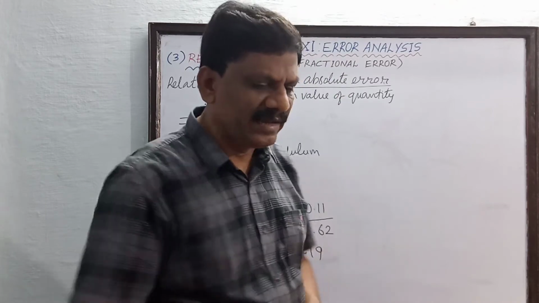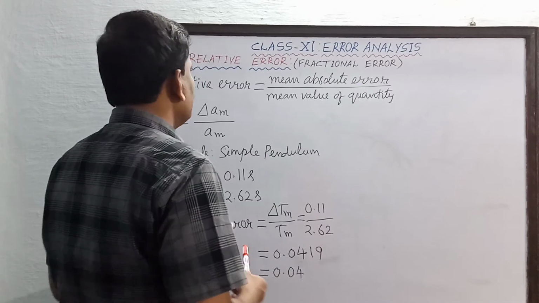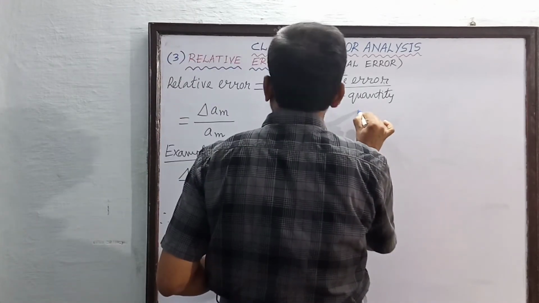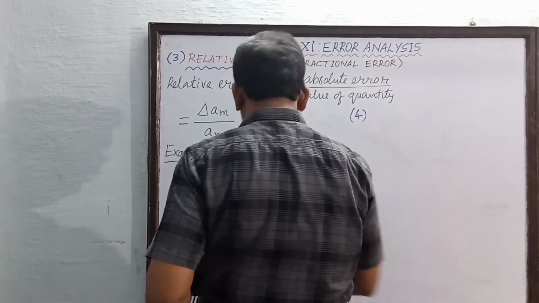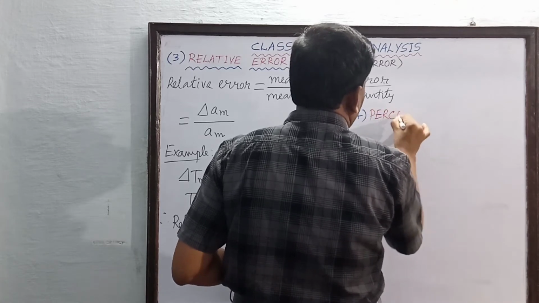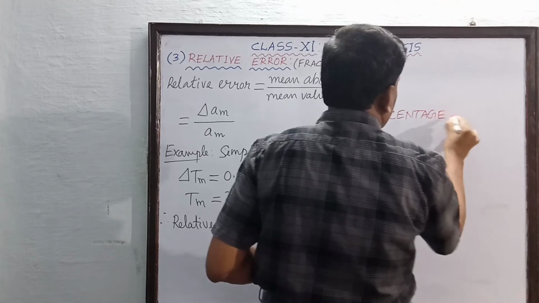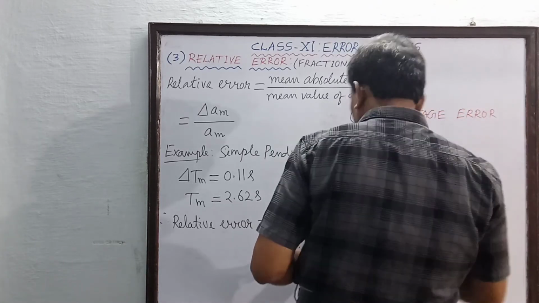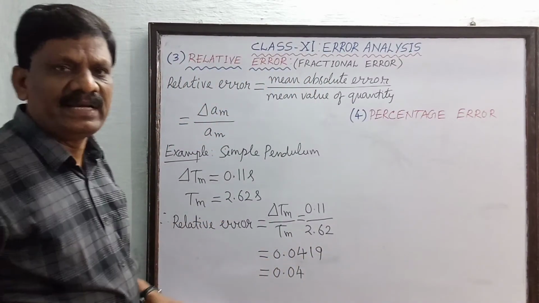Now the last type of error, the fourth one, is percentage error. We are going to express the error in terms of percentage. We have to multiply the relative error by 100, that's all.